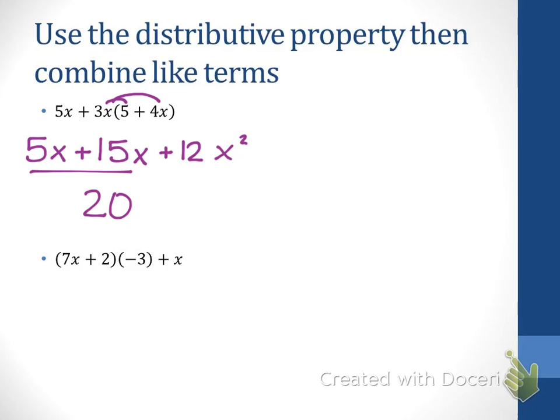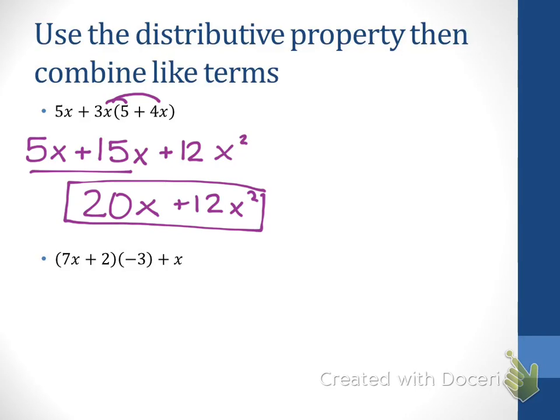No. Because when adding and subtracting, we have to have like terms, and whatever that like term that they have has to stay the same. Because they're both x's, it stays x. Then can I add 20x to 12x squared? No. They have the same variable, but not the same exponent. So they are not like terms, and this is my answer.